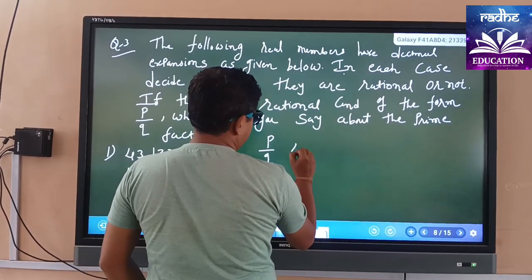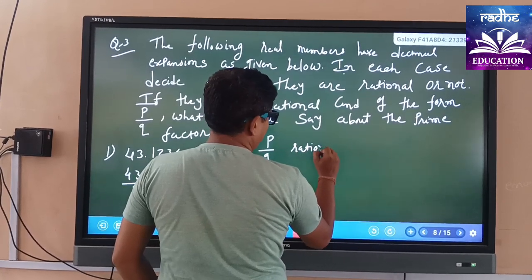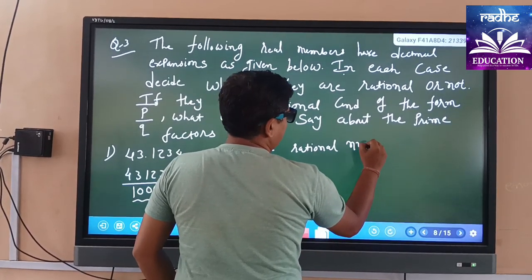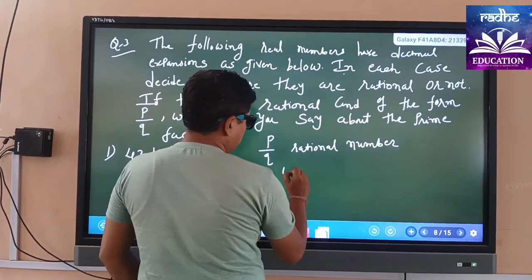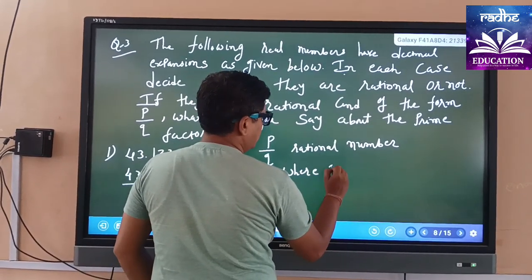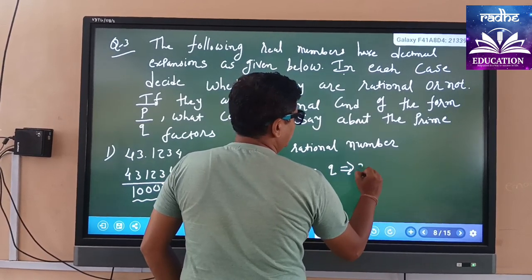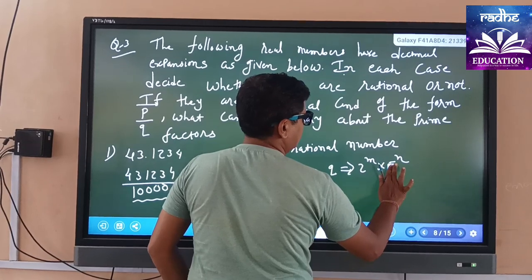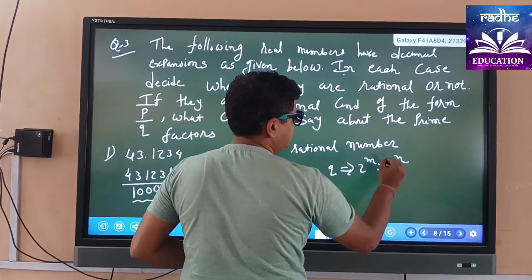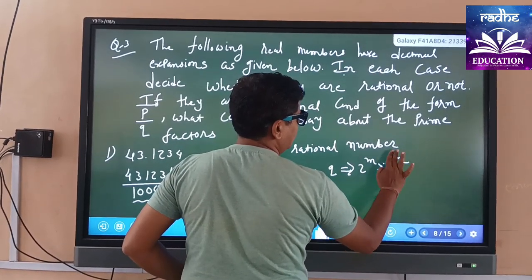p by q is a rational number, where q follows the form 2 raised to m and 5 raised to n. We can represent q in this way.